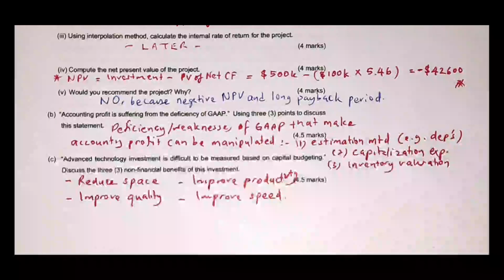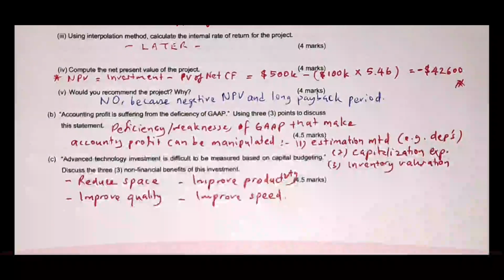The first one is reduced space. So the easier example is, when you invest in advanced technology, most of the time let's say the equipment. If the equipment is an advanced technology equipment, then the equipment must be small. So smaller compared to equipment that uses not advanced technology.